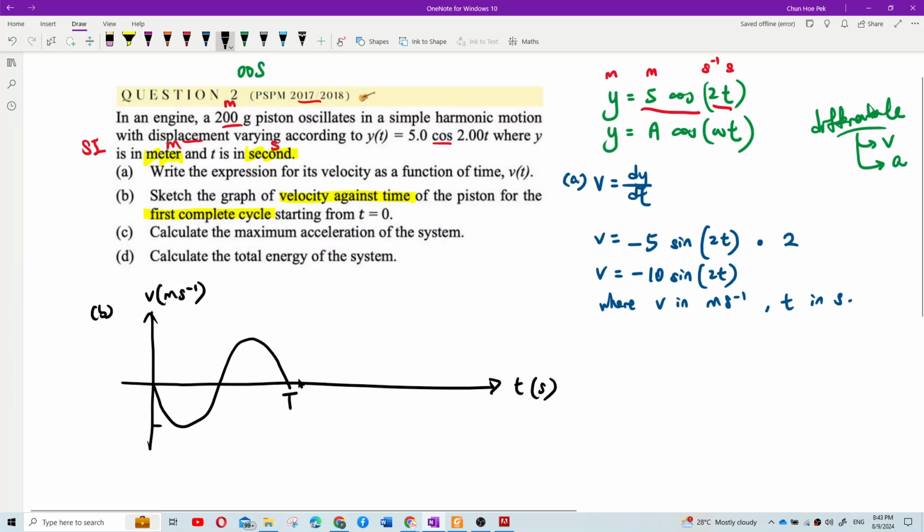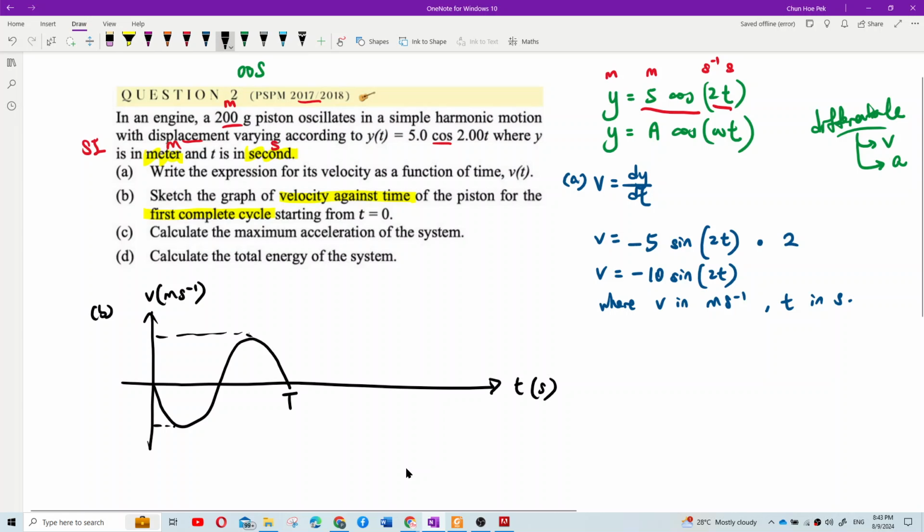Faham tak? Jangan dua period. You must follow the instruction. Kalau dia kata two complete cycles, then baru you lukis lagi satu. Sekarang dia nak one complete cycle saja. So you just tulis one period saja. Understand?